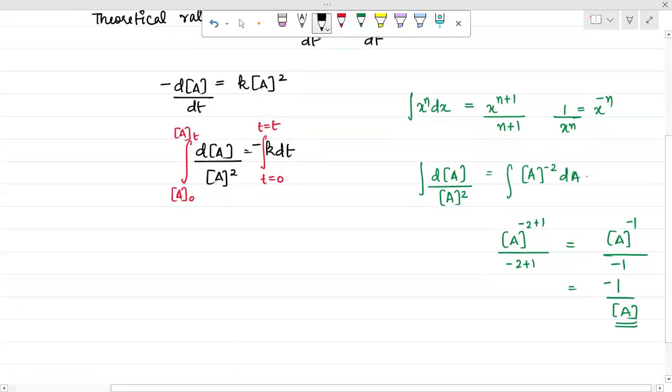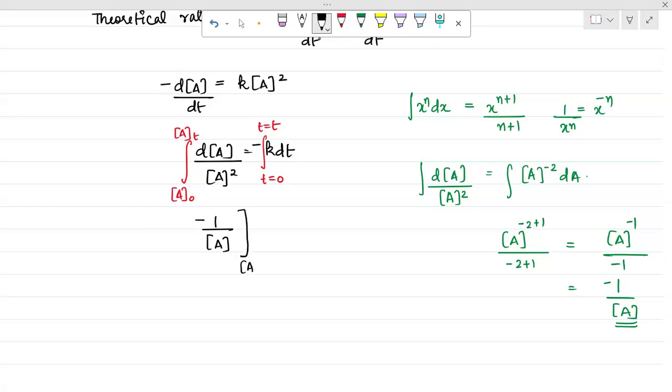So I'll put it over here. Minus 1 by A. We need to put the limits, initial concentration to the final concentration, is equal to minus K integral dt, which is t, from the limits 0 to t.